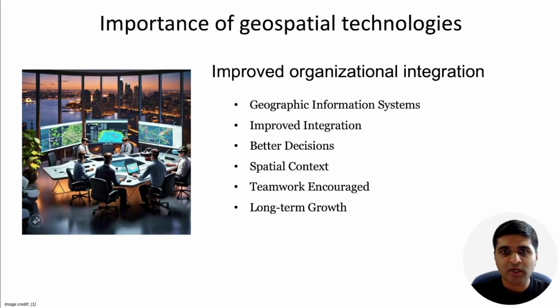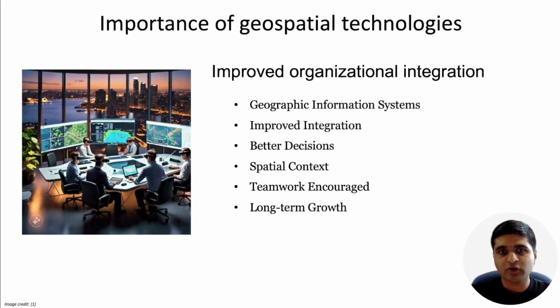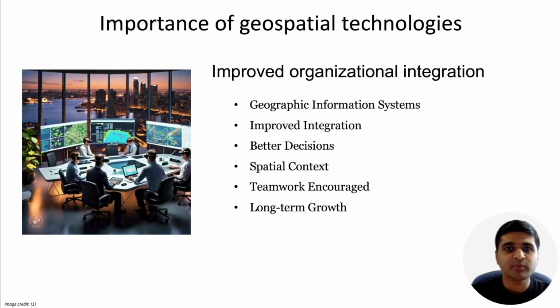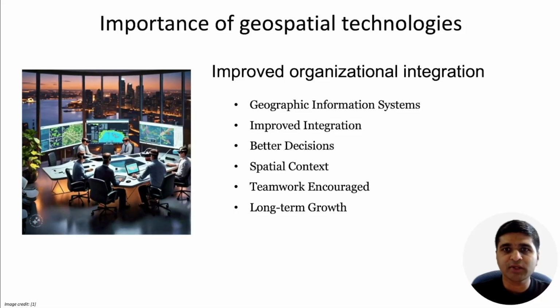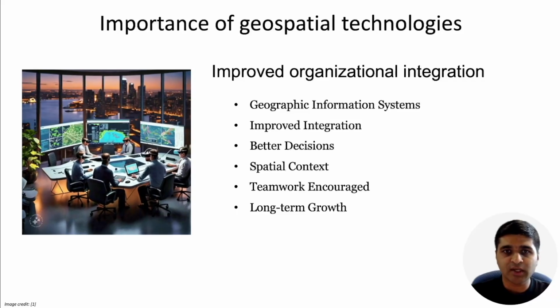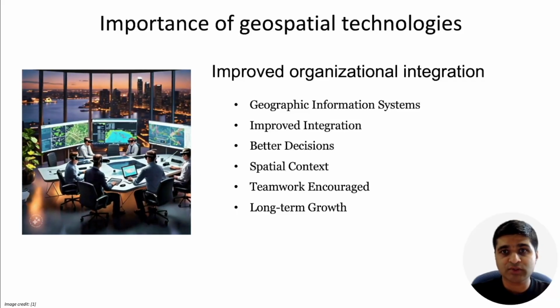Geospatial technologies are important because they help people and organizations work together better. Geographic Information System, or GIS, connects different types of information on a map. It brings improved integration. With everything linked in a single place, people can make better decisions.